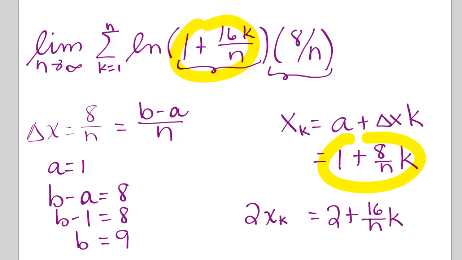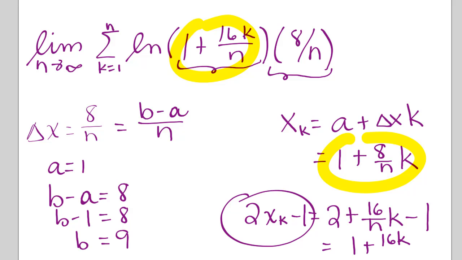So far, let me back up. What we've done is basically 2 times our x. That's what we got. So if I subtract 1, then we have this expression, 2 times x sub k minus 1, and that would actually give us, if we simplify this, 1 plus 16k over n. So what we're taking the natural log of is 2x minus 1.